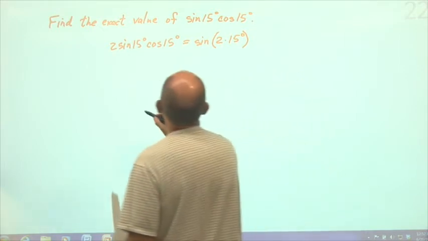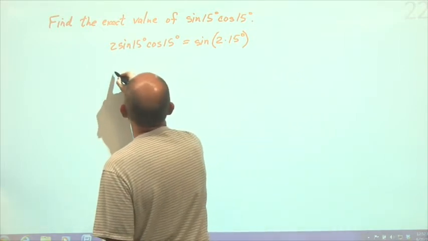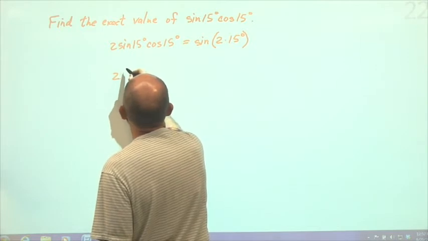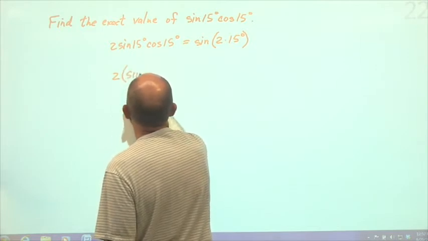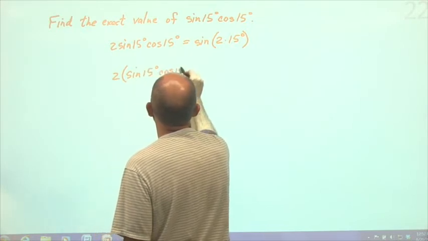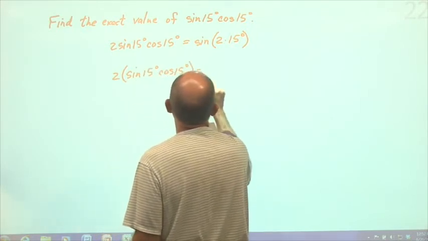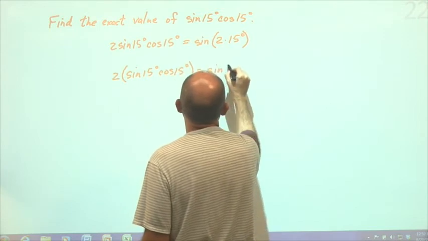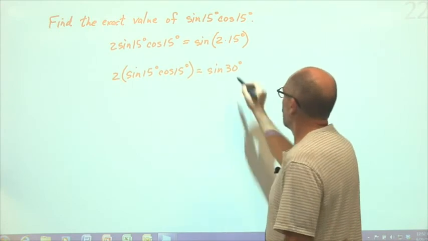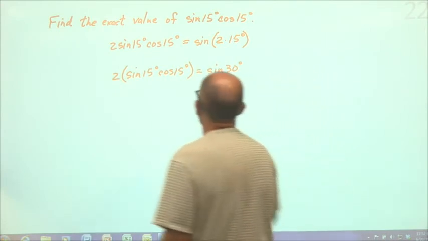So that means 2 times what we're looking for equals sine of 30 degrees. Well, sine of 30 degrees is 1/2.